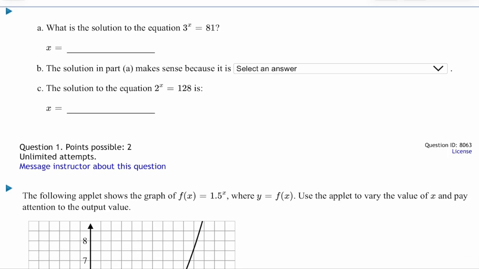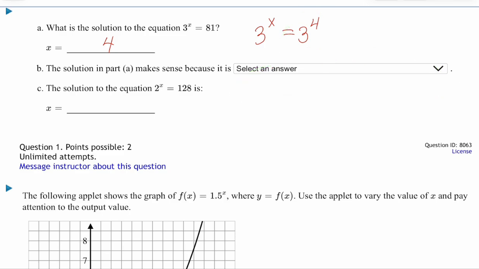It says, what is the solution to 3 to the x equals 81? Remember, if we can break down that 81 so that the bases match, we find that exact power that will give us 81. 81 is 3 to the 4th, so x has to equal 4. Now, I'm not sure what's in this block here, but I think it's basically saying that 3 to the 4th equals 81.